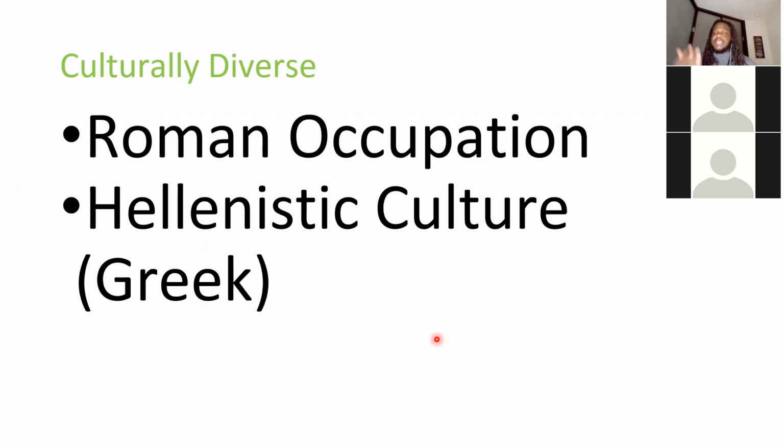It was like English is for us today, how a lot of businesses use English even in foreign countries. Greek was the language you needed to know to speak to different people. And you also have their culture, so people are adopting a lot of Greek customs.